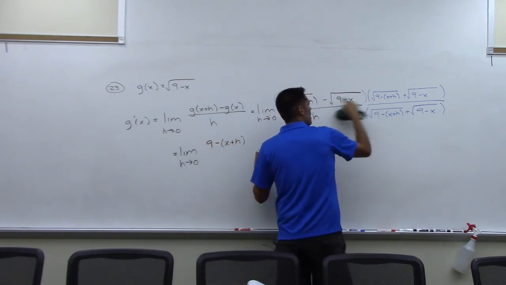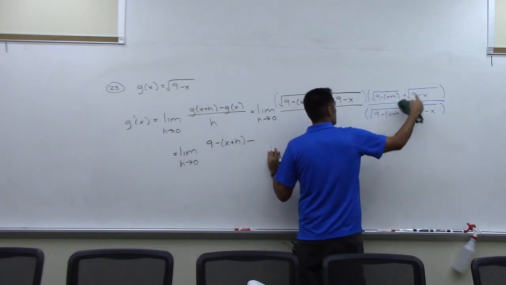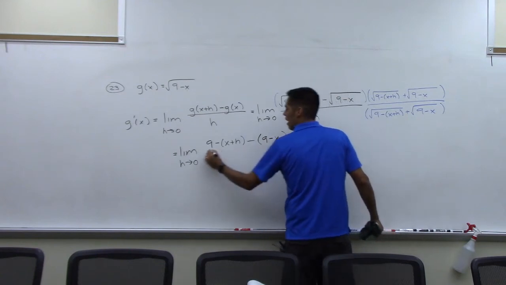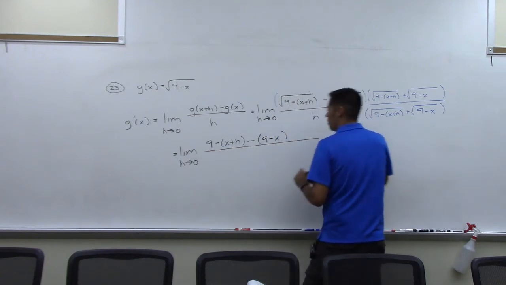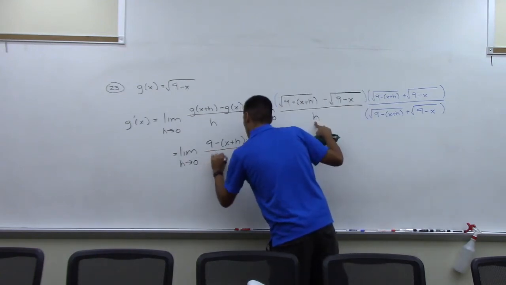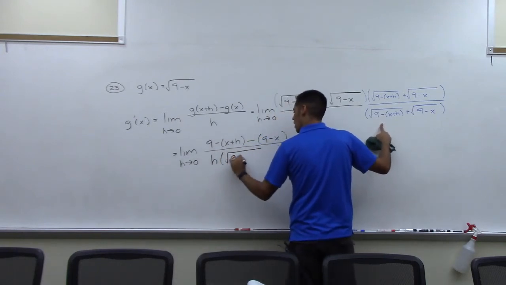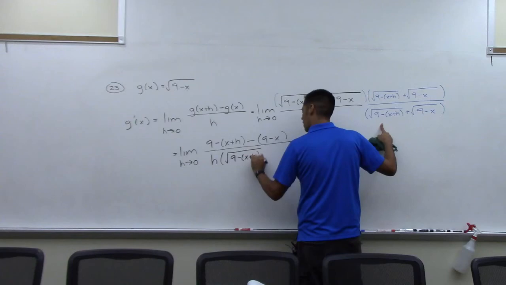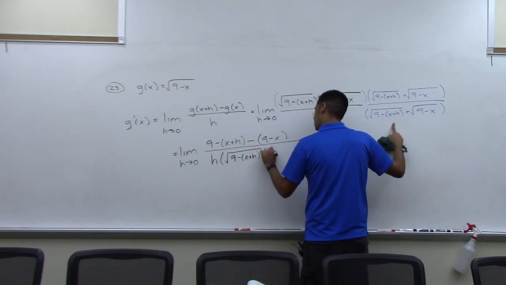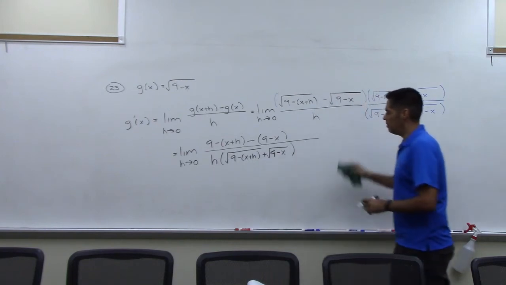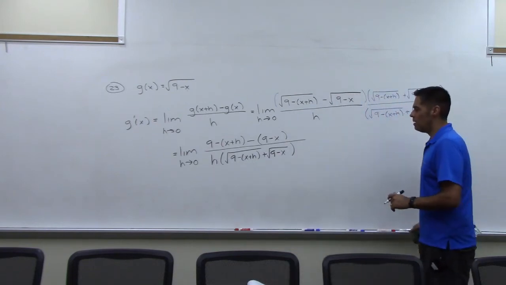And then the last one will have a minus, and then whatever was under the root. So in parentheses, 9 minus x. And then we have this ugly denominator, which had the h in it, and then this parenthesis, and then all this. Root 9 minus x plus h, and then plus root 9 minus x. And let's see, we should get some nice cancellation up top.